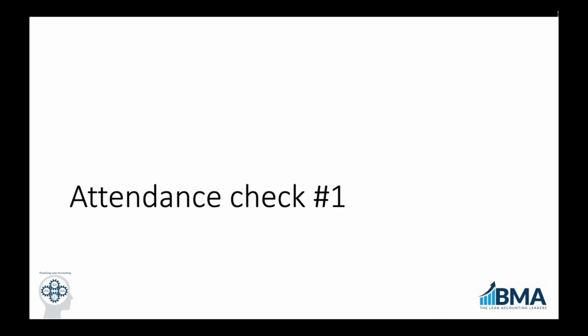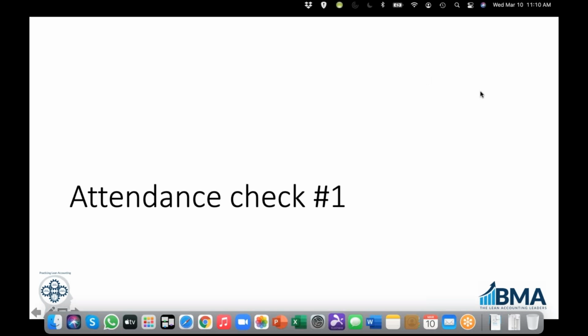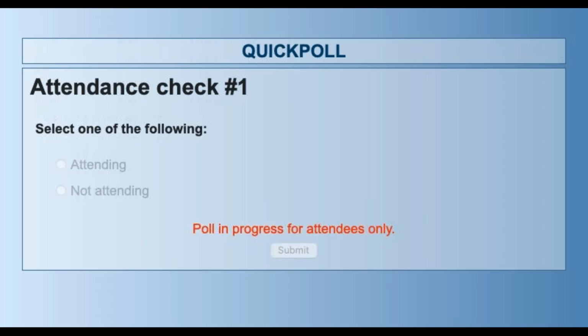Okay, so we're going to do our first attendance check question. I need to find my mouse. All right, so I'm going to open up a poll and simply select that you are attending.